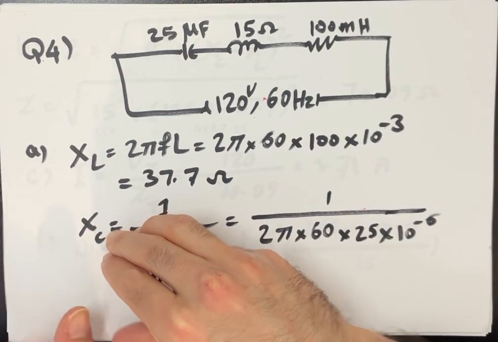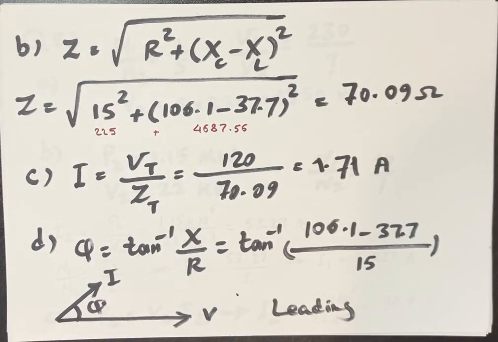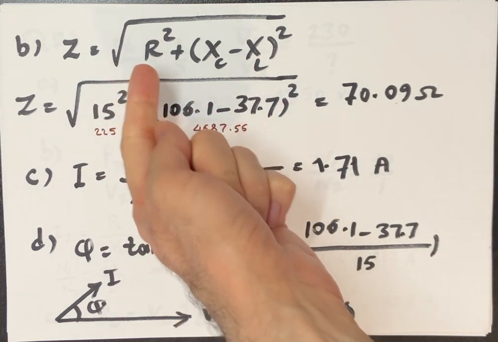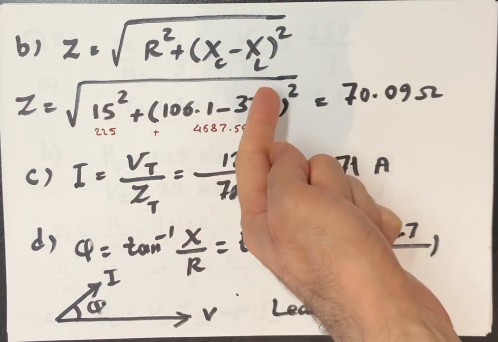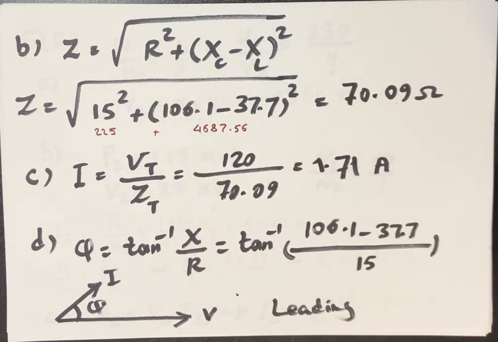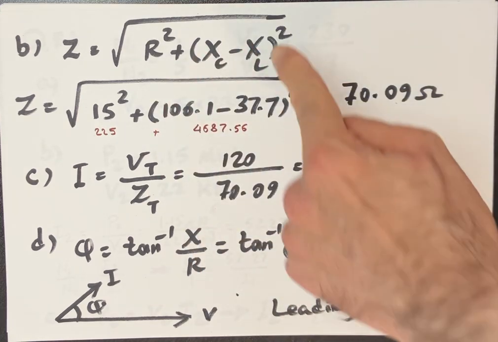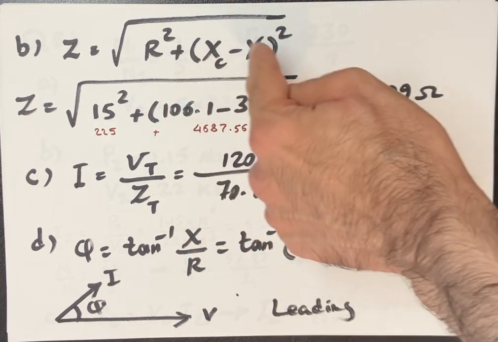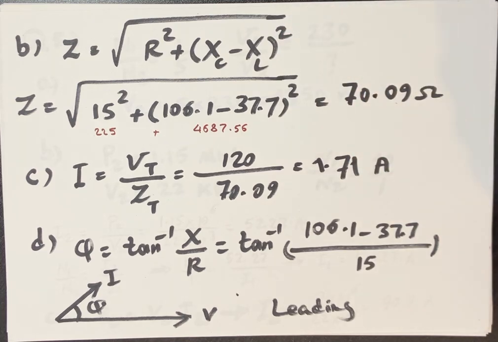We go to section B, which is about the impedance. So impedance, this is the general formulation. Impedance equals root square R squared plus the difference of XL and XC. It doesn't matter which one is deducted from which one, because in the end, whatever value you get here is squared and will be positive.